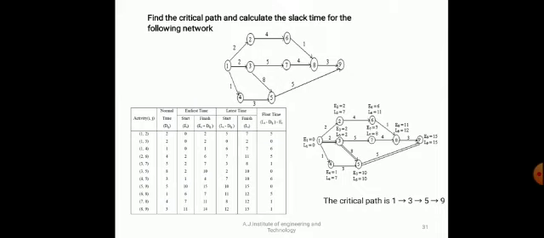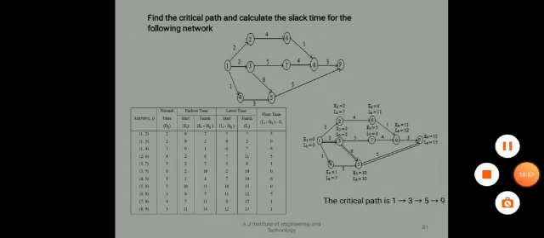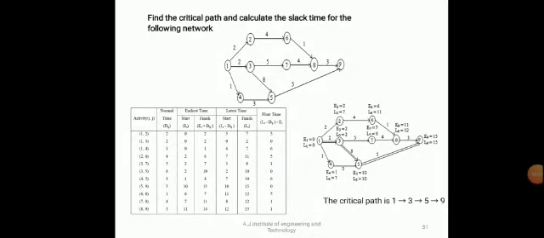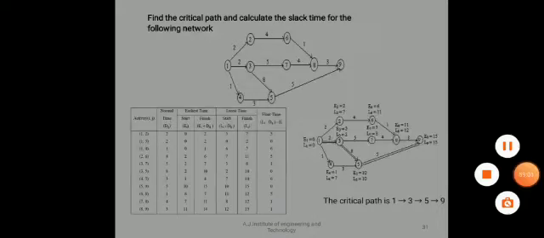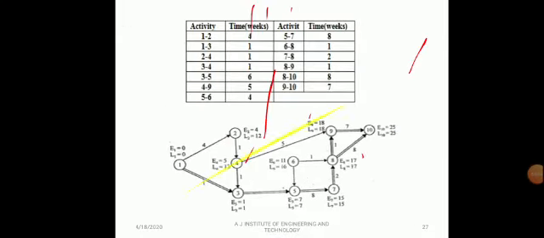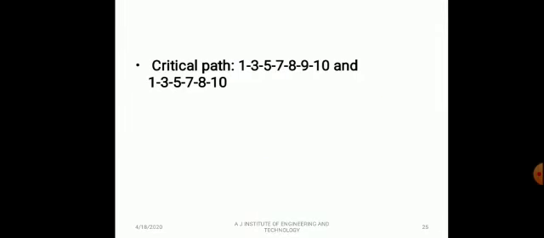In the case of a node, the node itself is considered as the activity. In an arrow diagram, the arrow itself is considered as the activity. These are the main things you should know. By seeing the AOA method, we can calculate the critical path as I explained earlier.